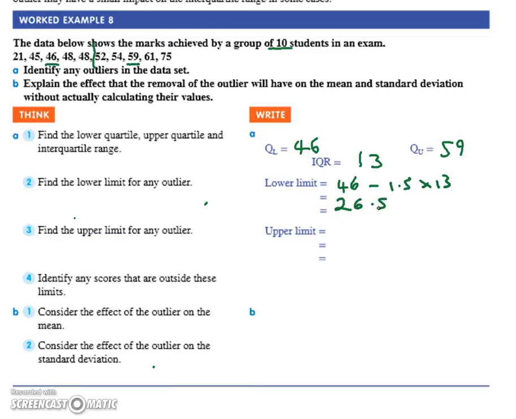That's 26.5. Do we have anything less than that? 21. So we have an outlier.